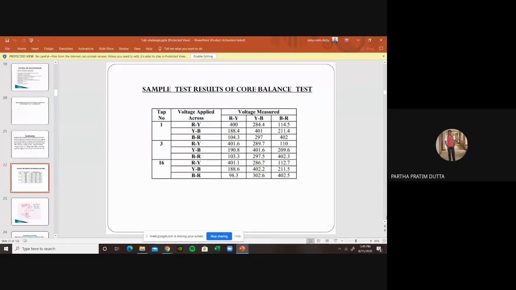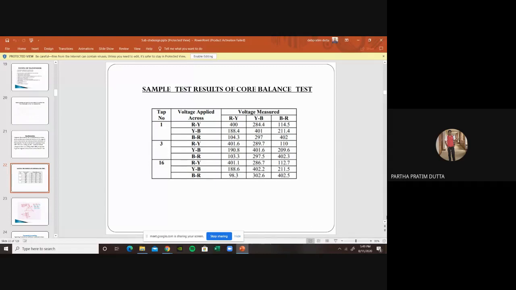If we apply voltage across RY for tap 1, suppose this is 400, in YB it will be 284.4 and in BR it will be 114.5. If you add these two, it comes to 400 volt. If we apply the same voltage to YB, we get the voltage across RY as 188.4 and BR as 211.4. Again, if we add them, it would come to the same value.